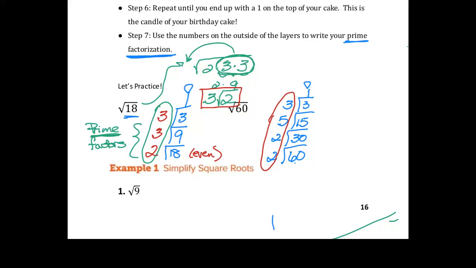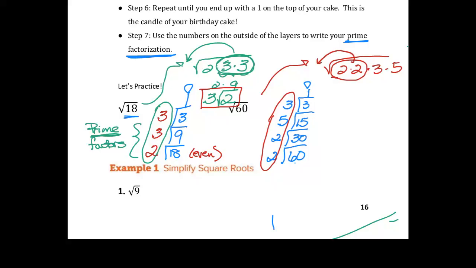So you rewrite all of those numbers under your radical sign. And I like to put them in numerical order. So I've got 2 times 2 times 3 times 5. I have 2 2's. I'm going to circle those, okay, because that makes a perfect square of 4.